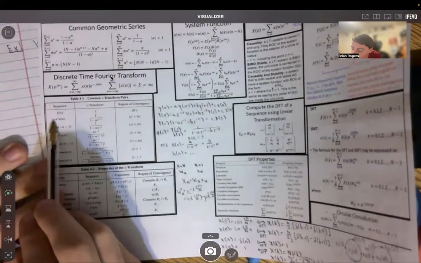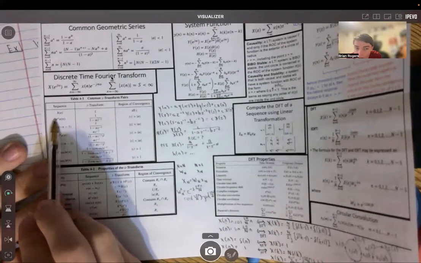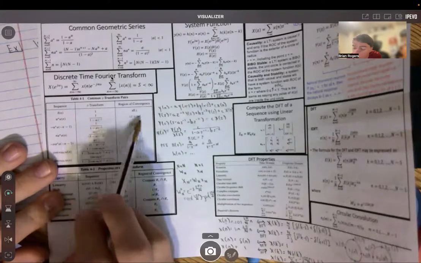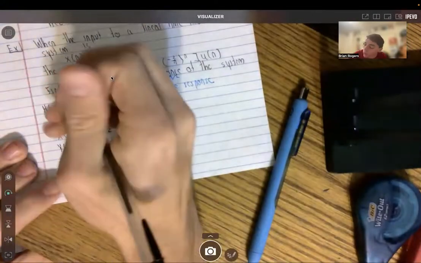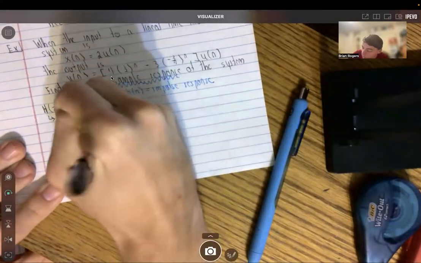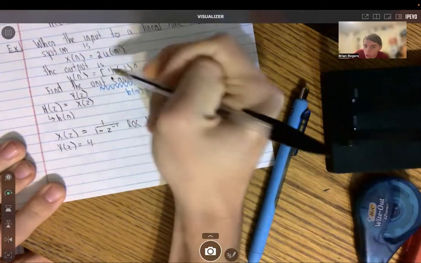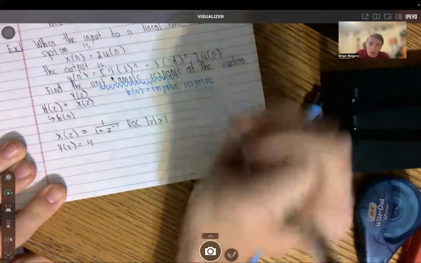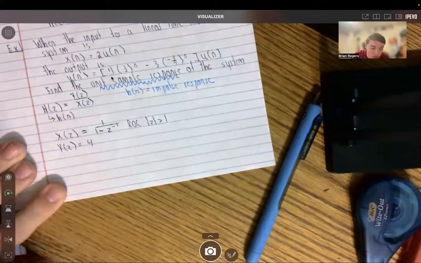So here, if we substitute in our 1/2 for alpha, it's going to be 1 over 1 minus 1/2 z to the -1, where z is greater than 1/2. Remember, that's just a constant in front, but this is going to be your alpha to the n u of n. And that's what you use your z transform table for.